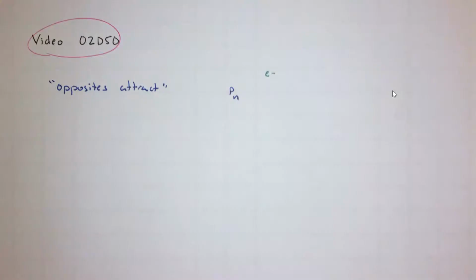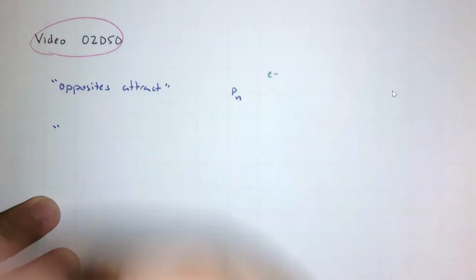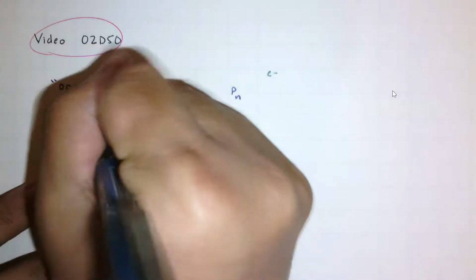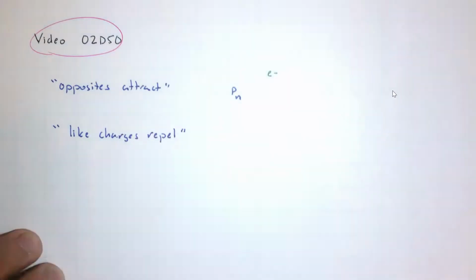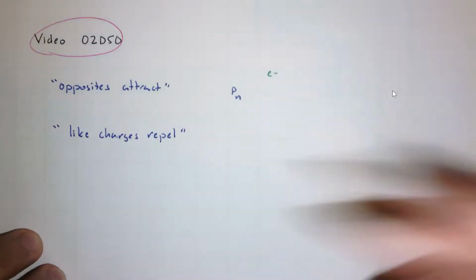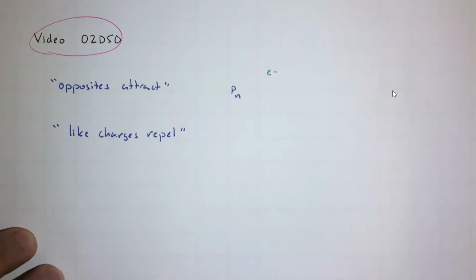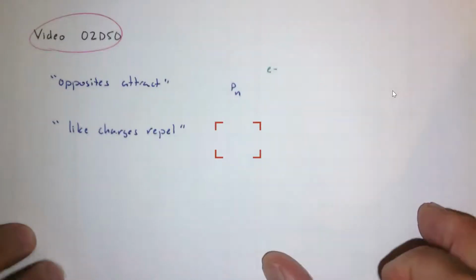So, besides understanding that opposites attract, you've probably also heard the term like charges repel. And that is of concern about nuclear stability because the nucleus has typically many protons that are in close proximity of each other.